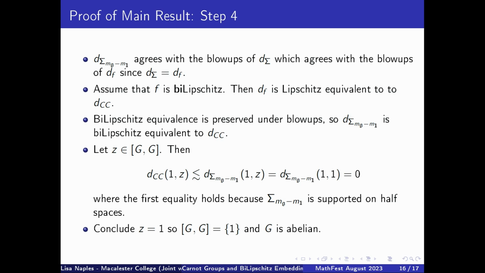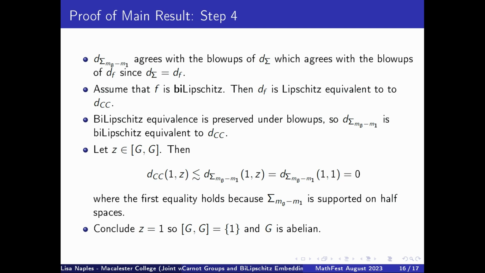So we are taking an element z in the Lie bracket [G,G]. We're bounding the Carnot-Carathéodory metric between the identity element and z. The first inequality comes from the fact that we have bi-Lipschitz comparability.